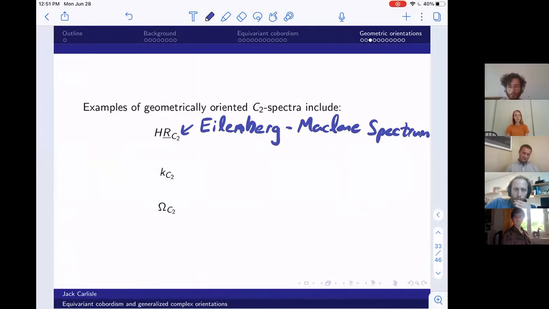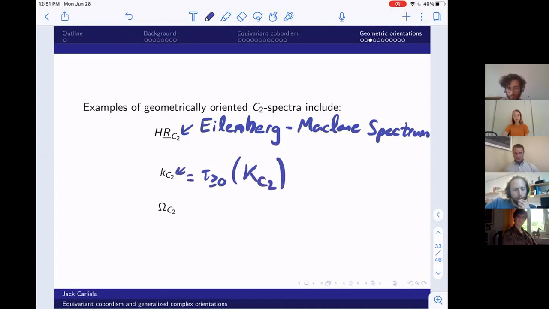I won't review Mackey functors here, but the idea is that Mackey functors are the C2 equivariant analog of abelian groups. So in any case, it turns out that this spectrum is geometrically oriented.